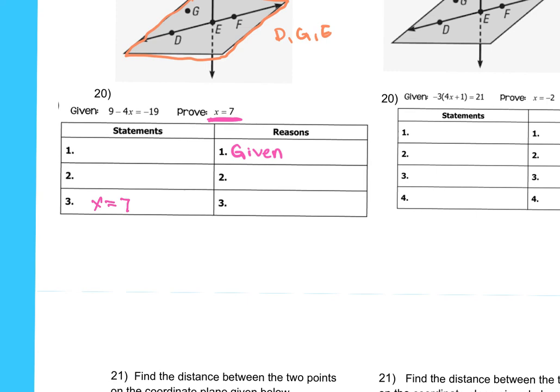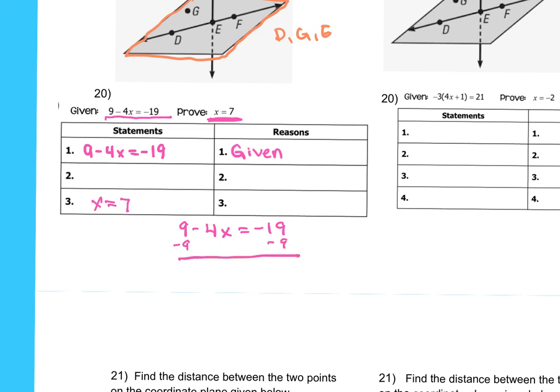All right, now we're going to write the first given, the statement part of our given, which is 9 minus 4x equals negative 19. And now we're just going to write it again underneath the proof because all we're going to do is solve it. All right, the first thing that we need to do is combine our constants, so we're going to subtract 9 from both sides.